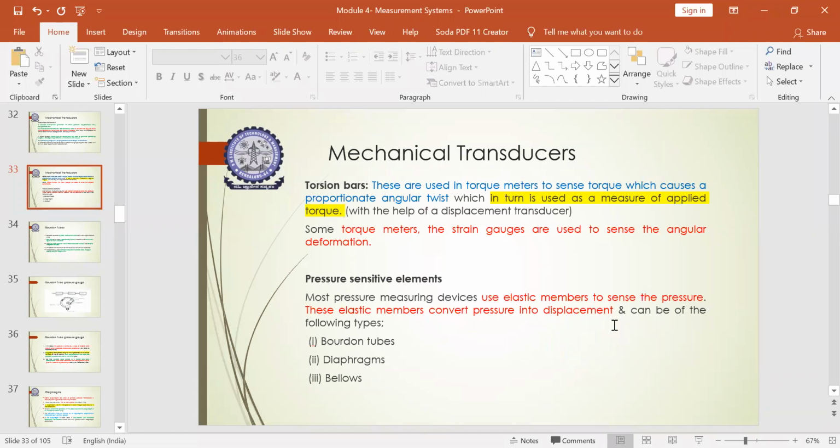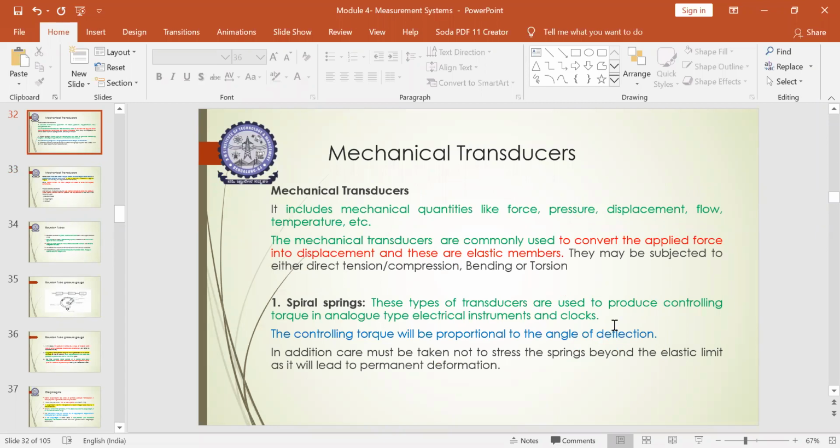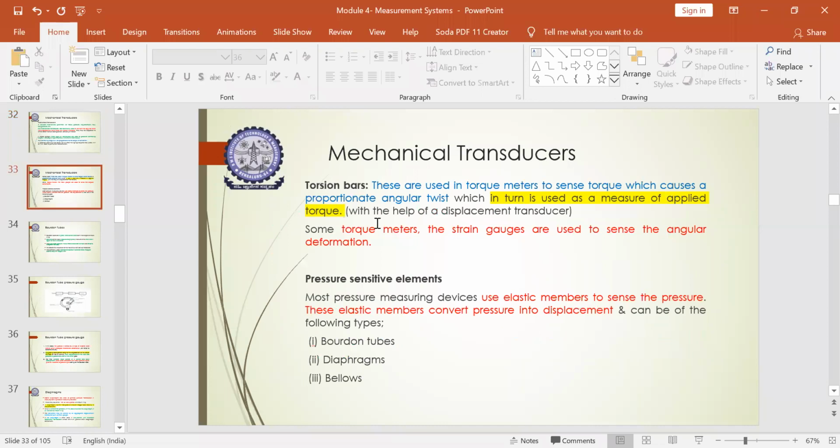All the mechanical transducers convert the received physical quantity into displacement. It could be in a spiral spring where you require an angle of deflection, in torsion bars you may need angular displacement, and in the case of a pressure sensitive element it is converted into displacement as per the input pressure signal you are receiving.